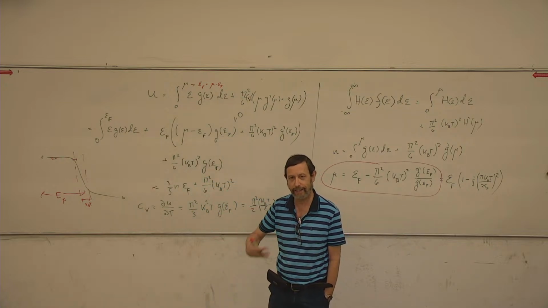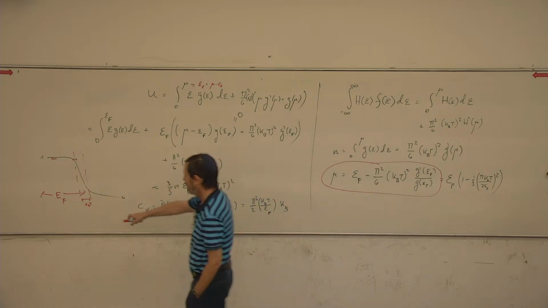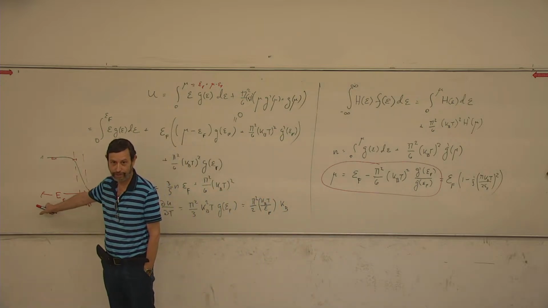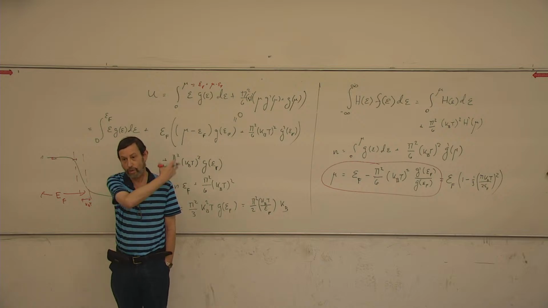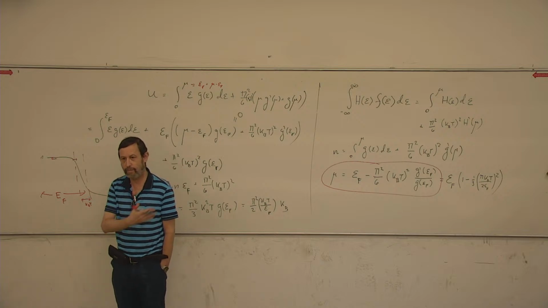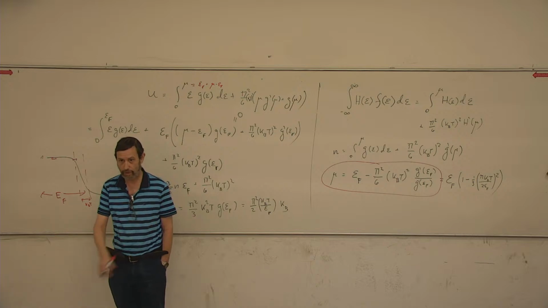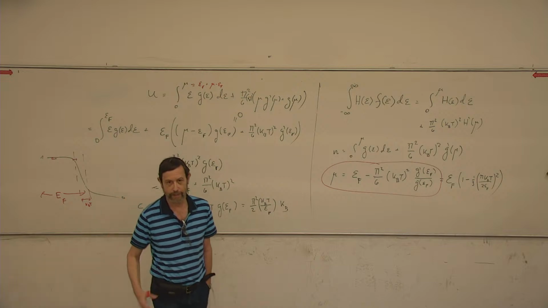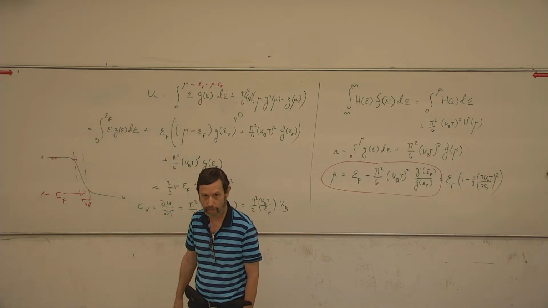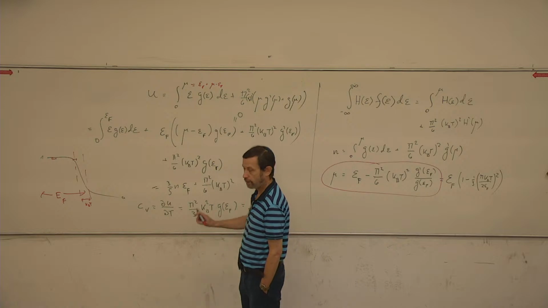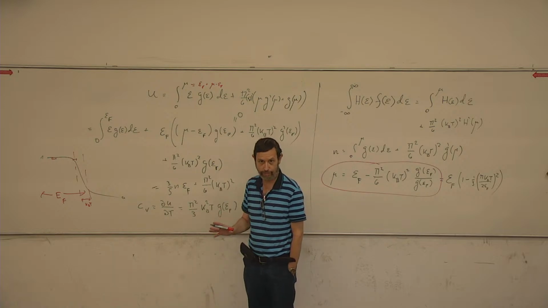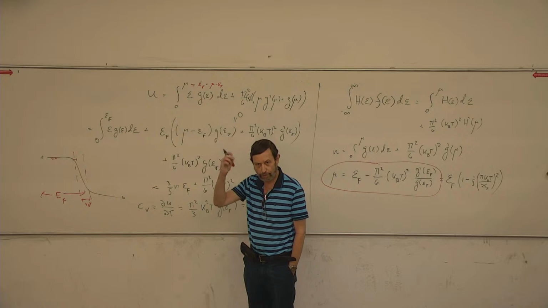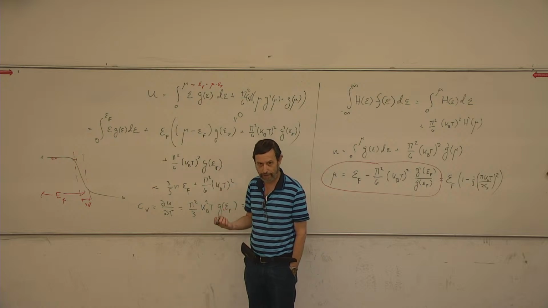So how many guys do I have in the game? kBT over EF, which is the conclusion we saw for the chemical potential, mu, and also for the heat capacity or the energy. So this is a very strong quantum effect, not in the meaning of the Schrödinger equation or waves, but in the meaning of the Pauli exclusion principle, which is also a quantum concept.